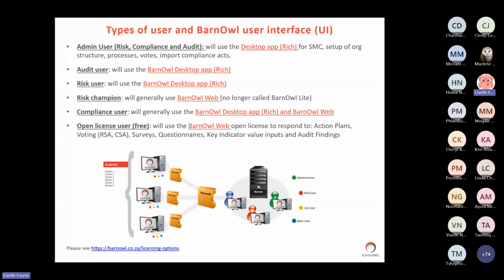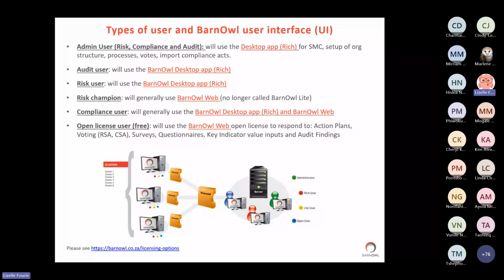Now, of course, if you do not have the internal audit module, then you would not be using a license like that. But if you have internal audit, then you would have an internal audit license. And at the top, you will see we often refer to this as well as a desktop app or rich license.